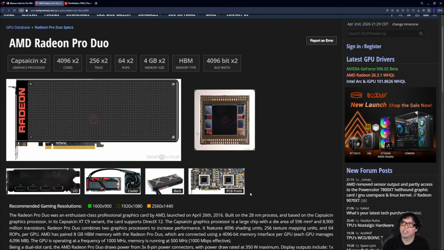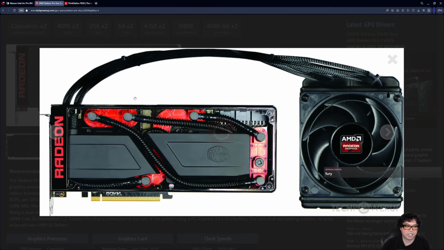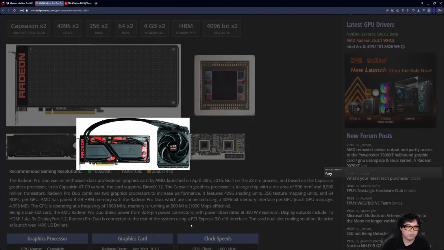The Radeon Fury X was the GPU that rivaled the GTX 980 Ti, and this GPU was like a dual version of that. You can see it's all liquid cooled in there.